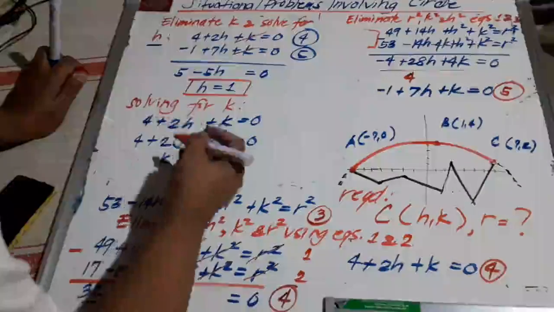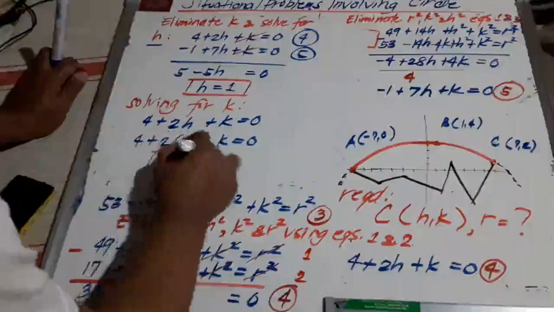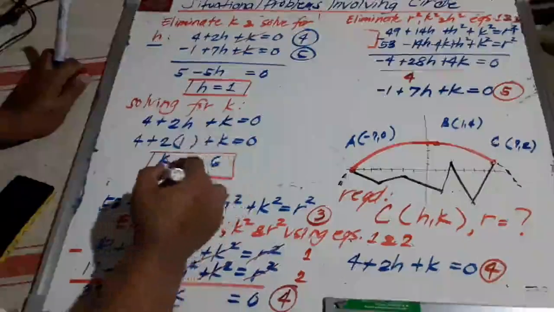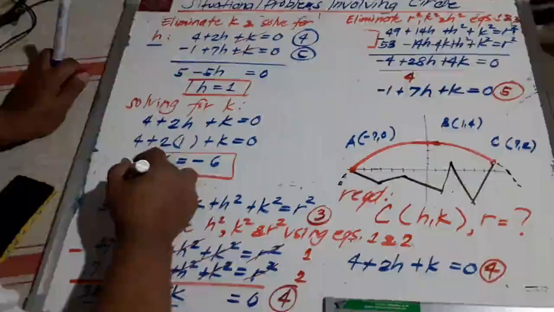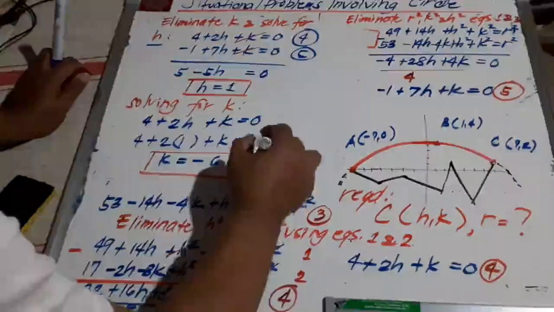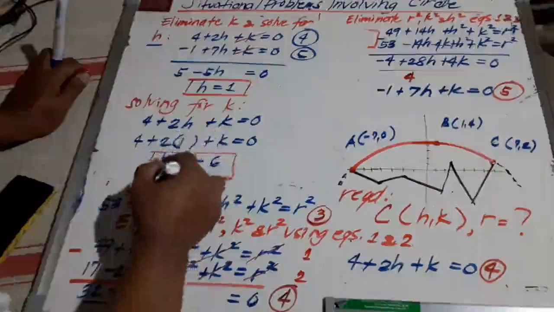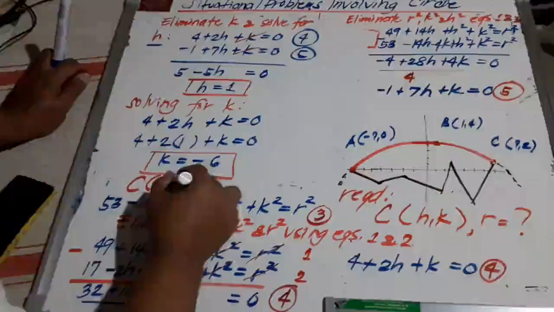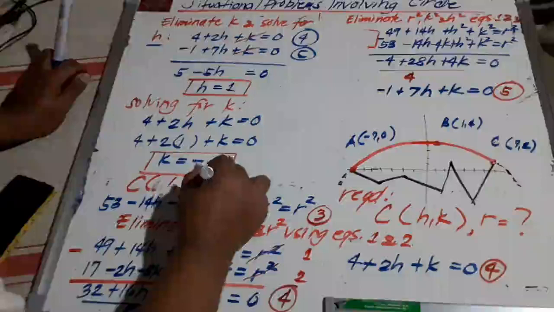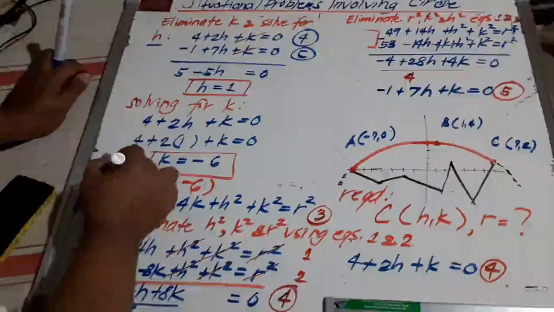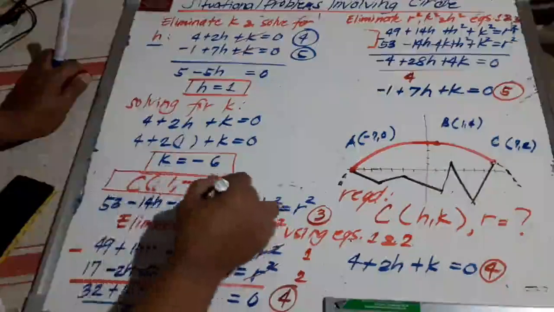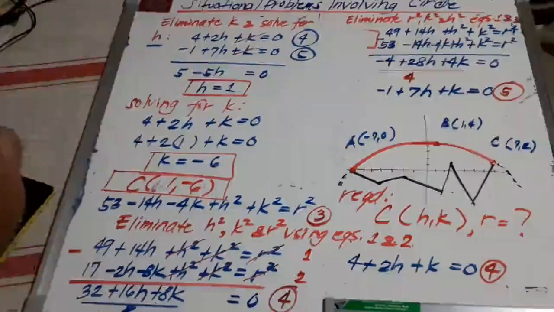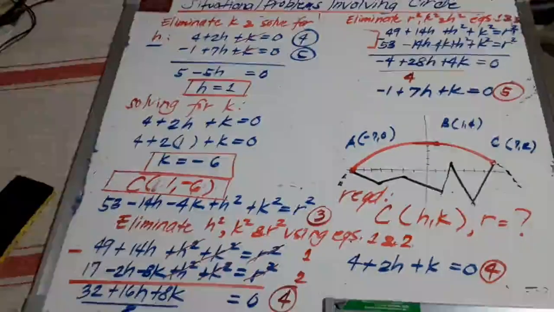So, this is your K. Therefore, ang center natin ay located sa 1, negative 6. Ayan ang location ng center. So, kailangan na lang natin ay yung length ng radius para makuha natin yung standard equation of the circle.